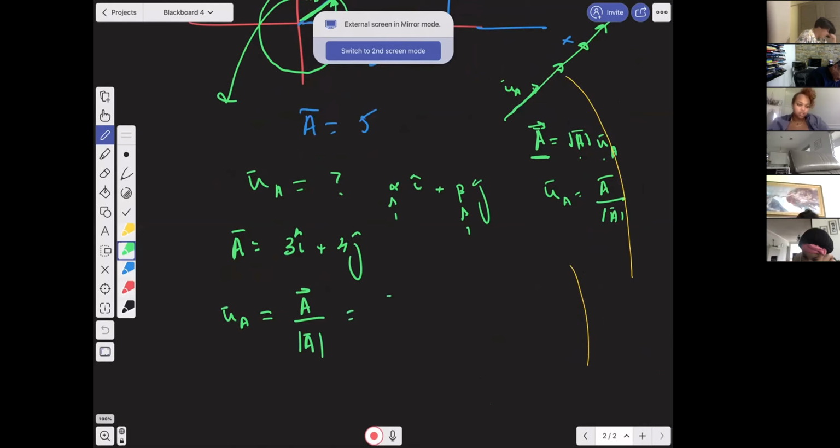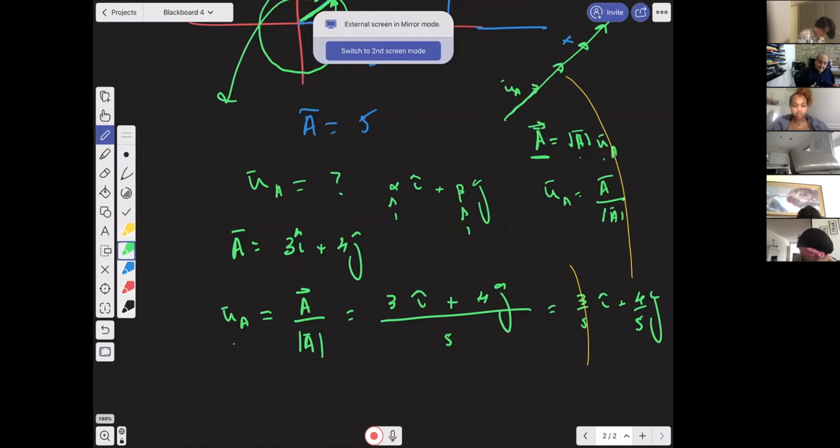What is the vector A? 3i plus 4j. And what is the magnitude of A? 5. So the vector is 3/5 i plus 4/5 j. This is the vector u sub A.